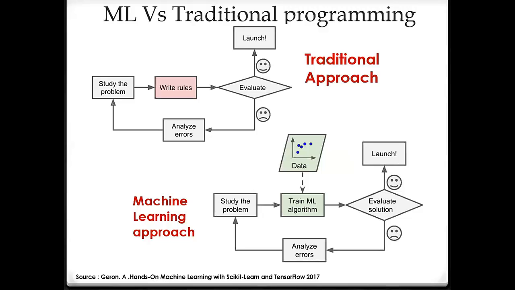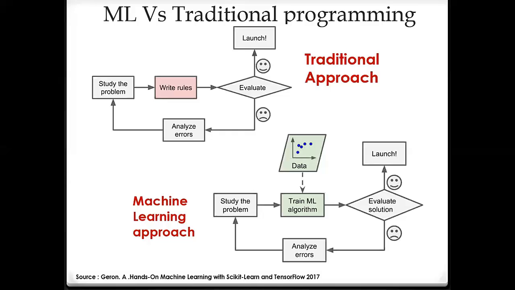Basically, if you are making a program or software the traditional way, first we start with the problem, and then you sit down and you write the code, you put in all the rules you want, and then you evaluate if it's okay, you analyze the errors. If the program is okay, it's bug-free and so on, you can launch it.